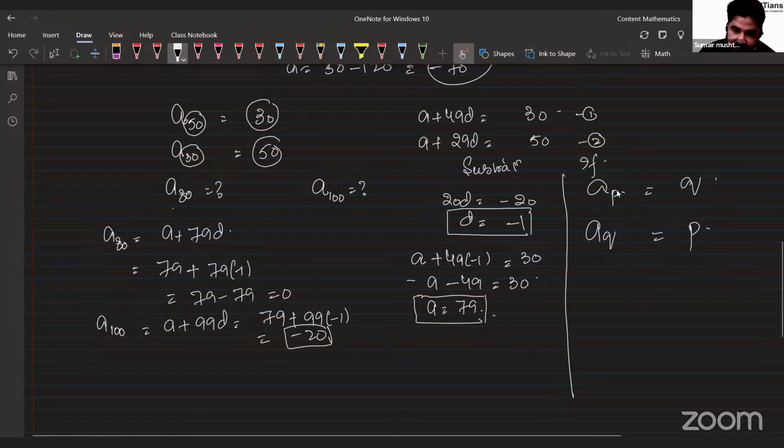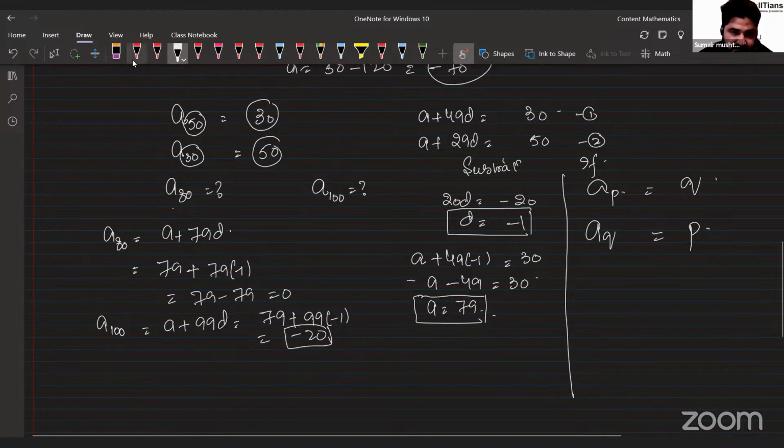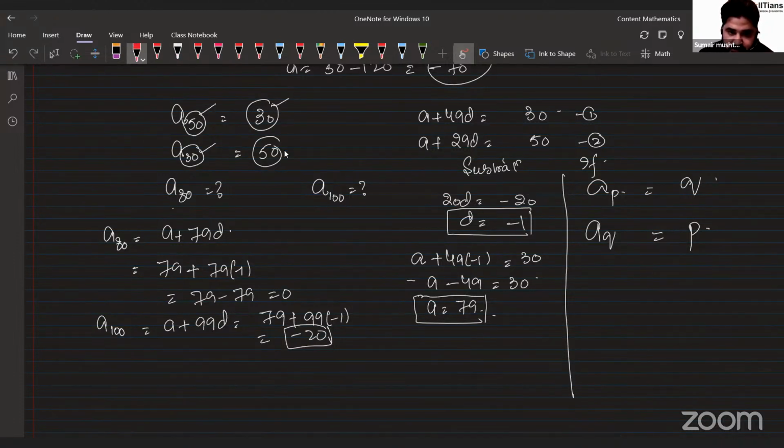Have a look here. If I take P as 50, this is P, this is Q, this is Q, this is P, right? I can always take it, isn't it?